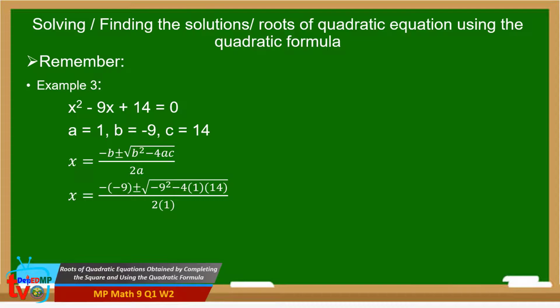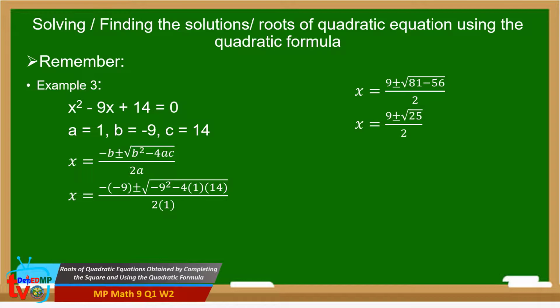Next, we simplify the terms inside the radical sign or square root sign. Then we have x is equal to 9 plus or minus the square root of 81 minus 56 all over 2. Continue further by subtracting 81 and 56, which is 25. We then have x is equal to 9 plus or minus the square root of 25 all over 2.